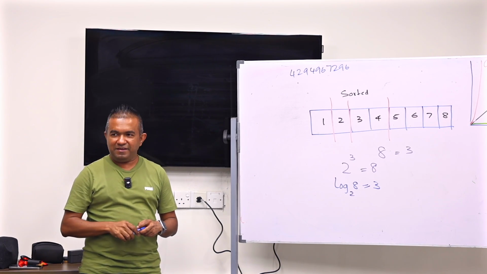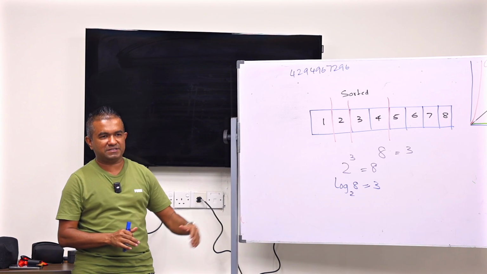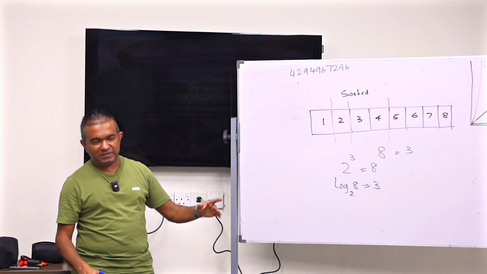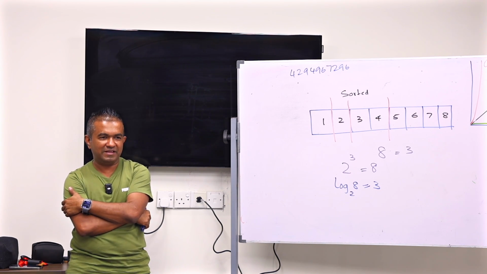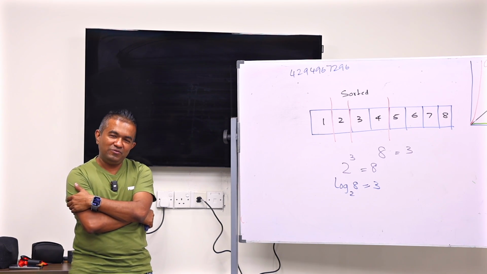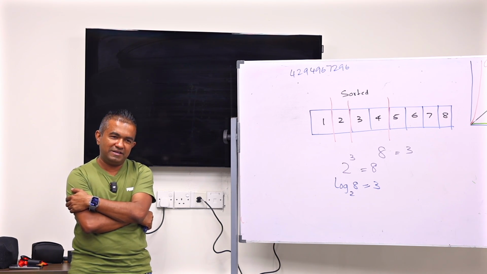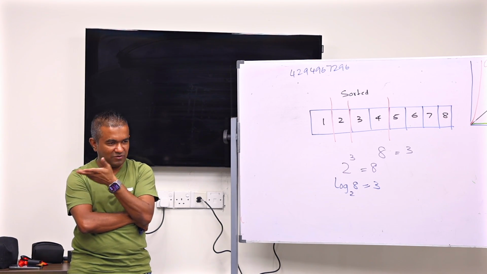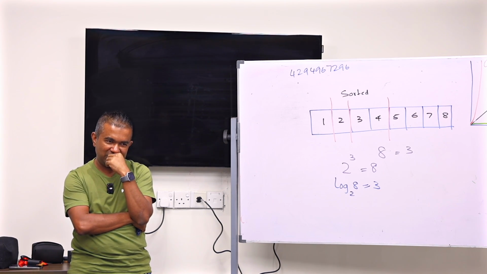So, let us say we need to do the same exercise for an array which has this number of elements. Now, if you want to do this using a linear algorithm versus a log n type of algorithm, how many iterations do you need to run?